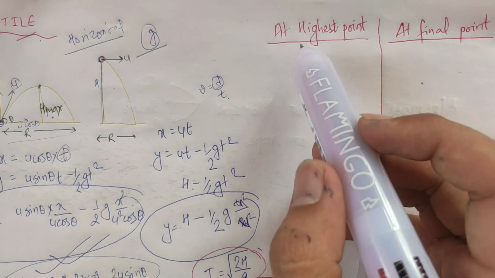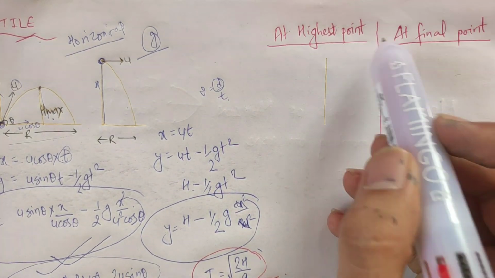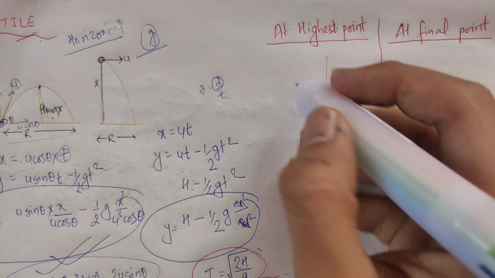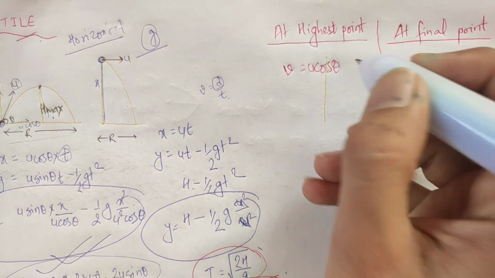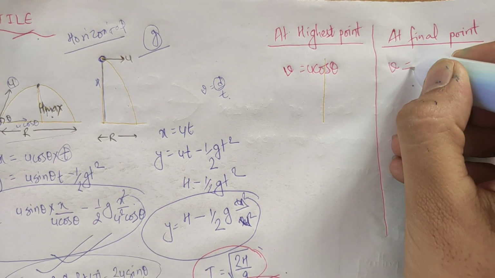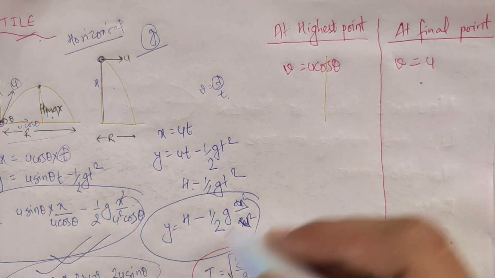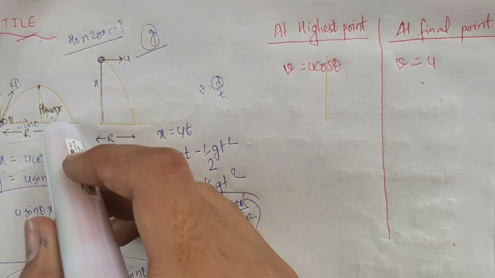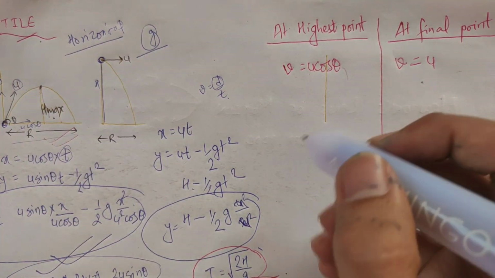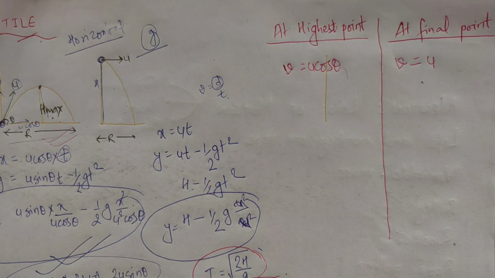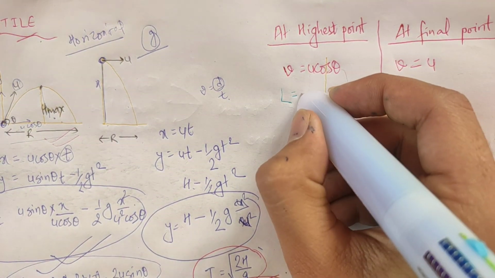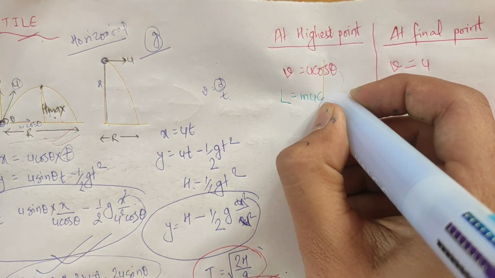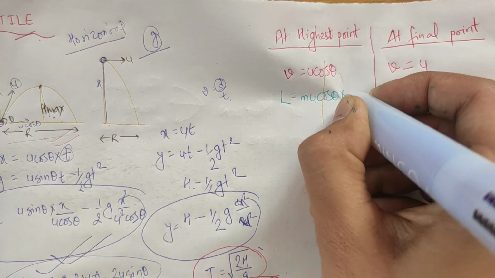There is another thing you need to learn, at the highest point and at the final point. At the highest point, velocity is equal to u cos theta, and here velocity is equal to u. This is in case of oblique motion. And then we have angular momentum L, which is m u cos theta into h max.